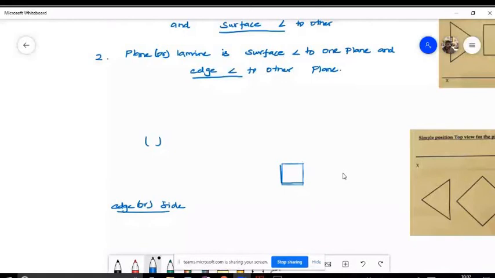See, for instance, this is a corner and this is a corner and this is another corner and this is another corner. So it has four corners and the line connecting two corners are called edges. Okay, so this is nothing but my edge. Okay, and these four are my corners. Okay, and the surface is nothing but this one.